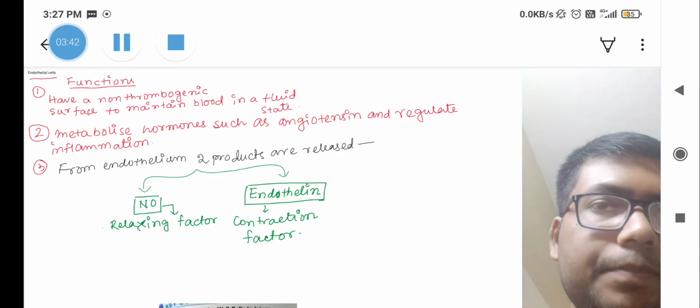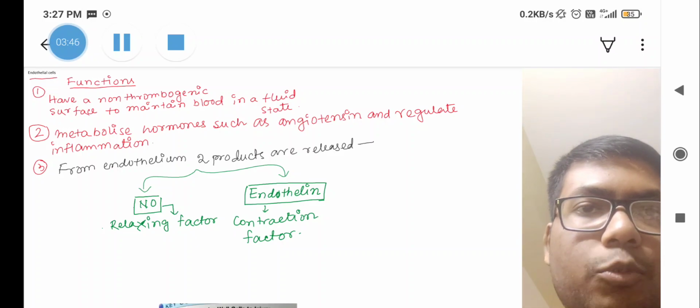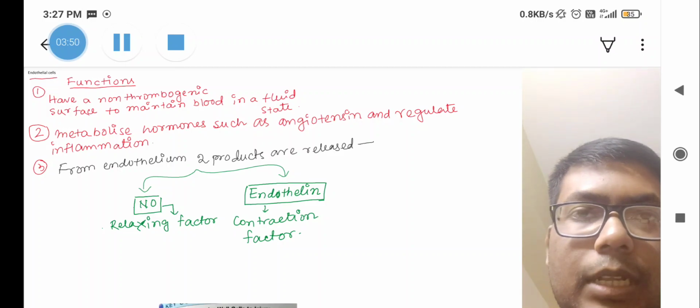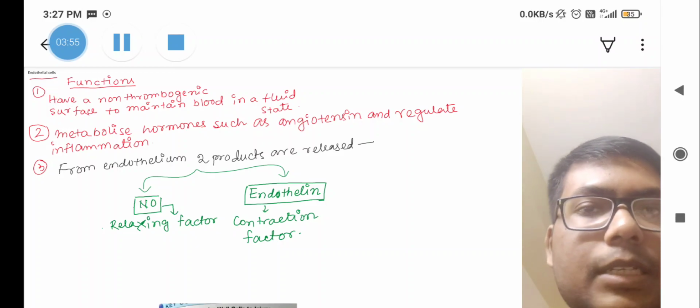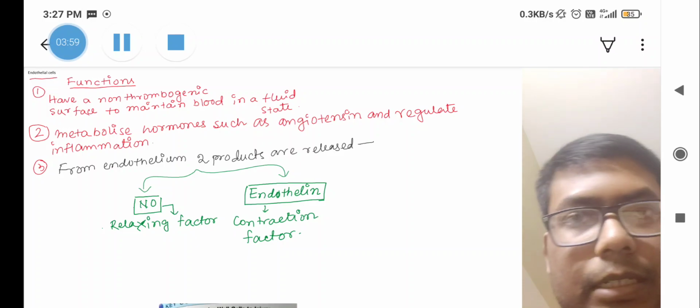But if we see the renal glomeruli, there are lots of fenestrations. The podocytes are present, and they make this. So there are various types of endothelium depending on where it is present. In the case of the liver, we see sinusoids. There are also lots of fenestrations.